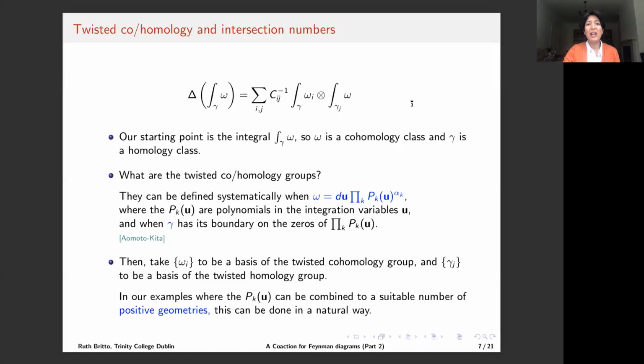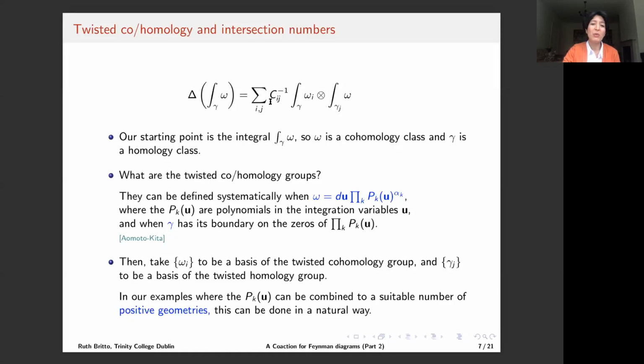Okay, so here we have our setup. Now we would like to define a coaction. On this family of integrals, we have our integrand, our contour, and from those, we would like to find a coaction of this form. Now, this is the general form of a coaction that's mathematically sensible.